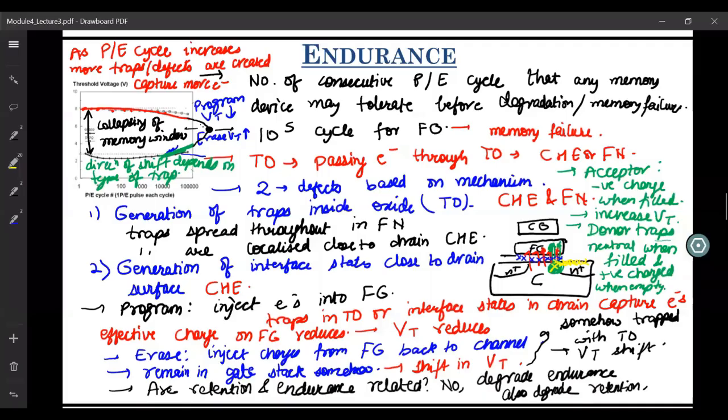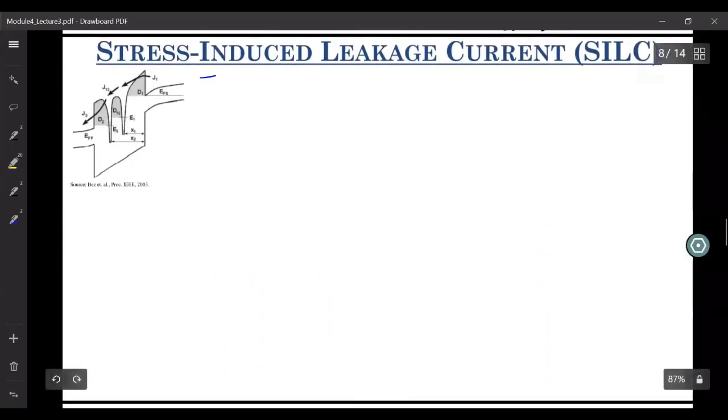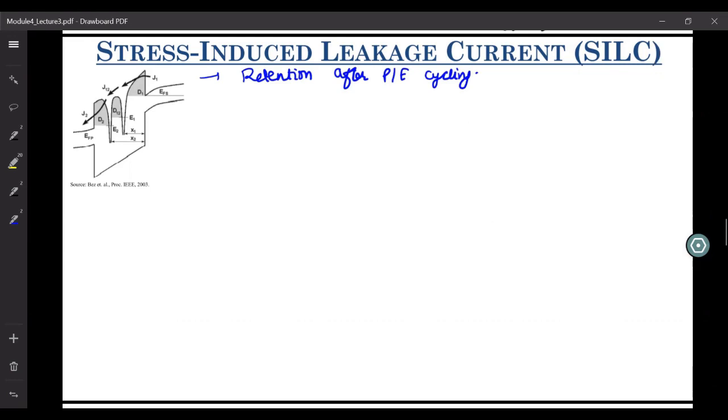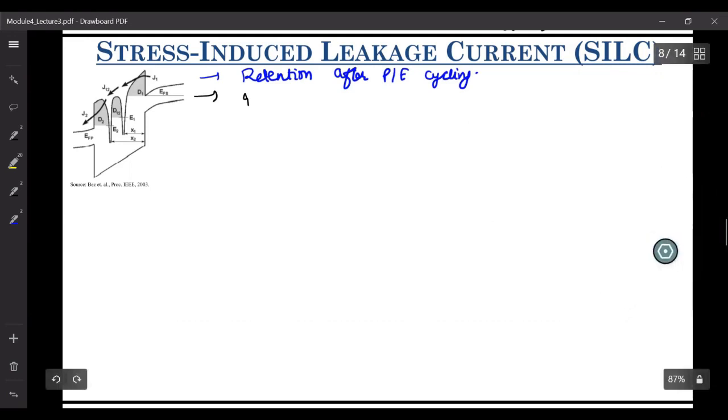So another important concern in flash memory is your retention after cycling. Let me write that. Your retention after program erase cycling is a major concern for flash memory designers. What you are essentially doing is generating traps within the tunnel oxide.